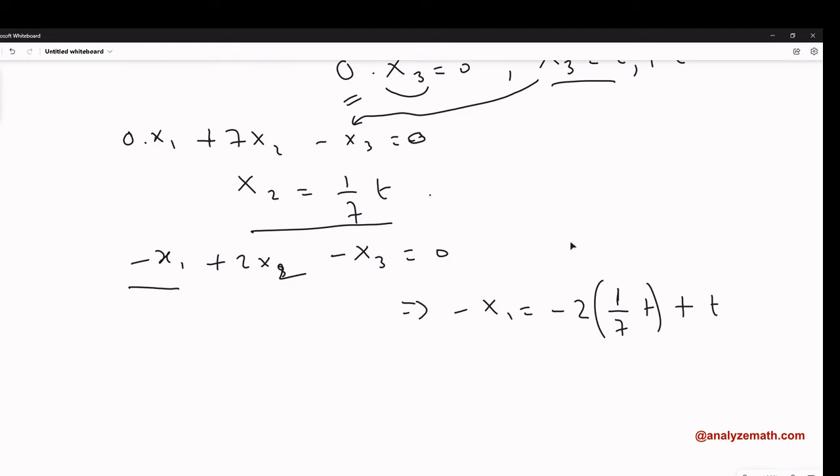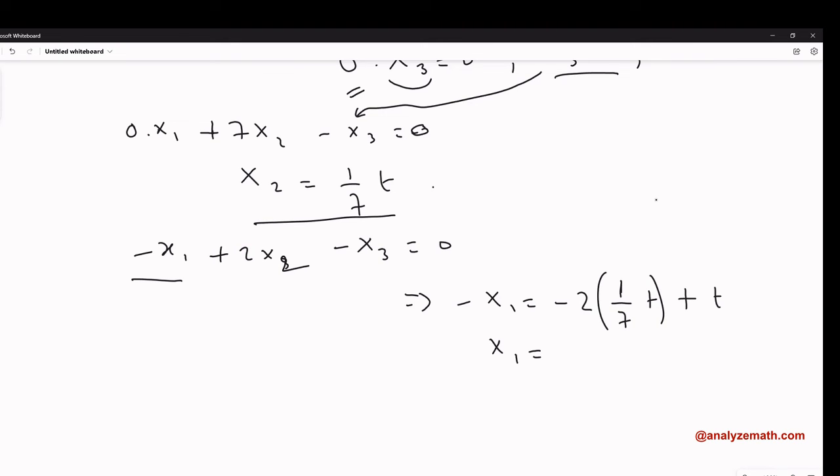And when I simplify here, that will give me a t, 7t over t. That's negative 2 plus 7. That's 5 over 7 minus 5 over 7t.